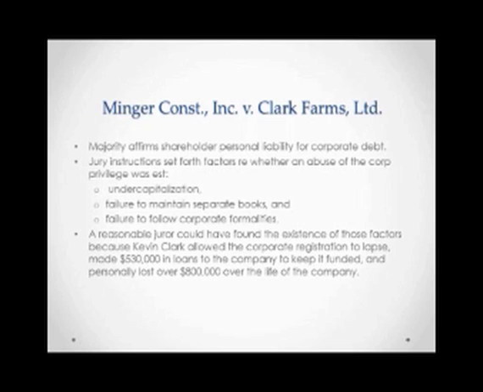Were there separate books? Were corporate formalities followed? So here the Court of Appeals found that a reasonable juror could have found those factors were met when Kevin Clark allowed the registration to lapse. He made $530,000 in loans to the company and personally lost over $800,000 over the life of the company.